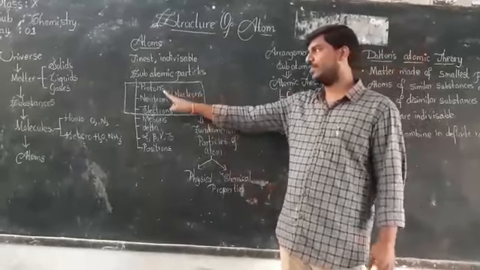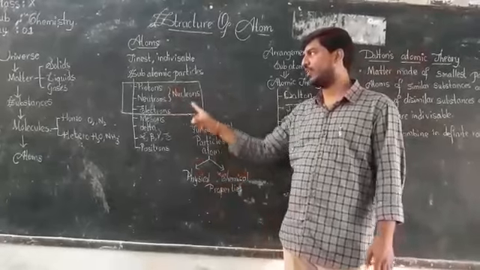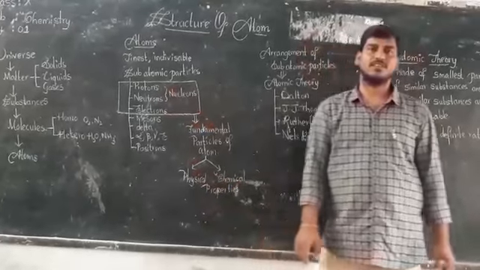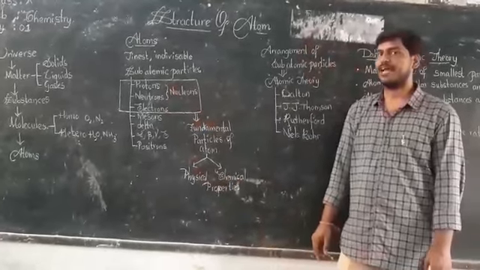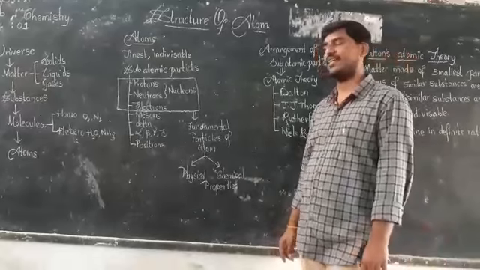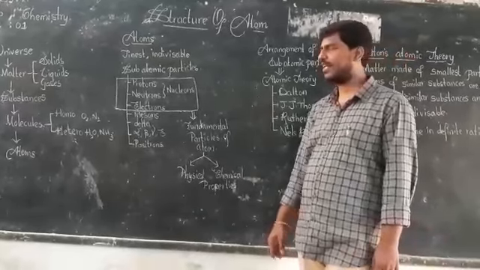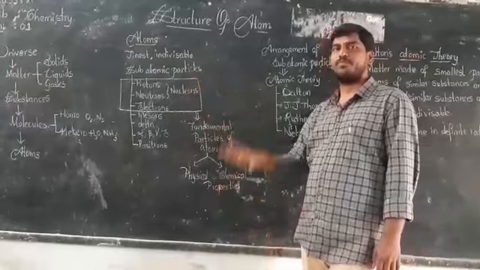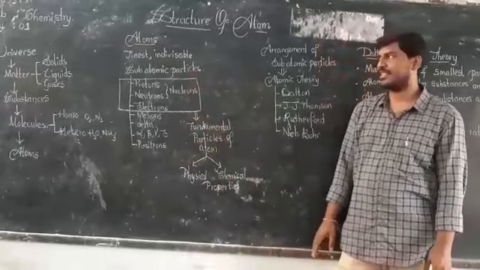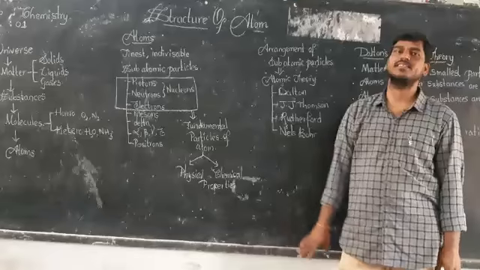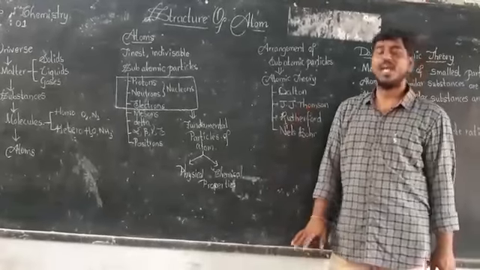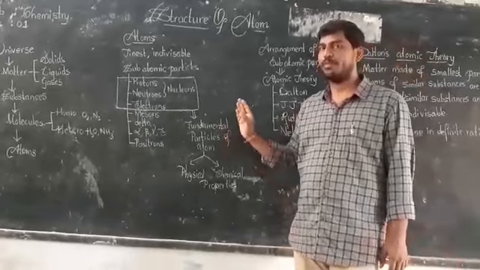And so protons and neutrons together we call nucleons, because they are located inside the nucleus, right? So like this, a number of subatomic particles are present in the atom. How did we get them? Not by dividing.